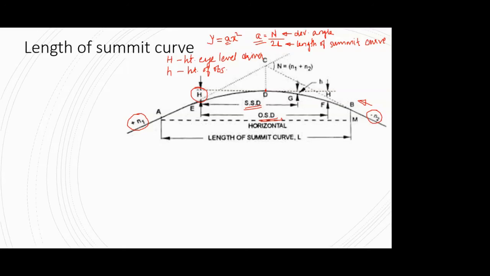So that's why if you have a vehicle coming from the opposite direction, you will consider OSD, or overtaking sight distance. And if you have a stationary object or a passing-by object, in that case you will consider the stopping sight distance. So you will have two sets of formulas. One set of formulas will depend on the stopping sight distance, and the second set will depend on the overtaking sight distance.